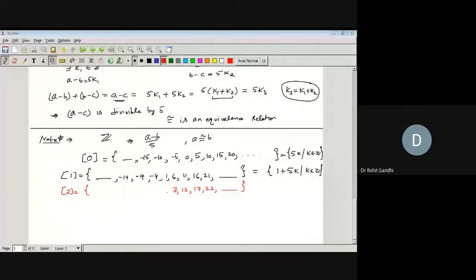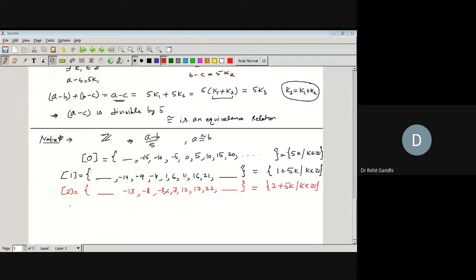And if I go back, -3, -8, and -13, and so on. -3, 2 नहीं आएगा? Yes, sir, 2. So 2, -3, -8, -13, and so on. In general, we can write 2 plus 5k, such that k belongs to integers.